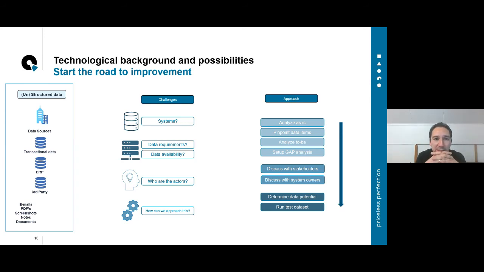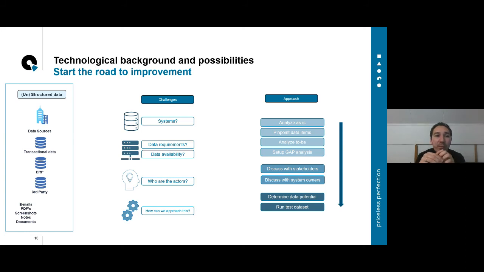Depending on these challenges that you can identify, there are different approaches that can be used to mitigate those challenges in this station. When it comes to the data part, we always like to start with analyzing the position that you're at now, and how the data in that current process is established. If the data is clear, then we can pinpoint what items in that process might be eligible for automation or structuring.